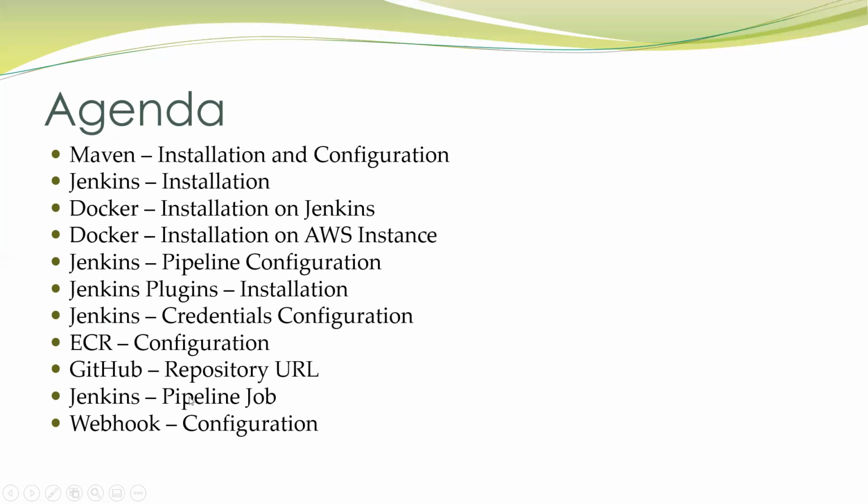After that, we will create a pipeline job in Jenkins and test it manually. After testing successfully manually, we will configure the webhook for an automated CI/CD pipeline. So this is the agenda for today's discussion.